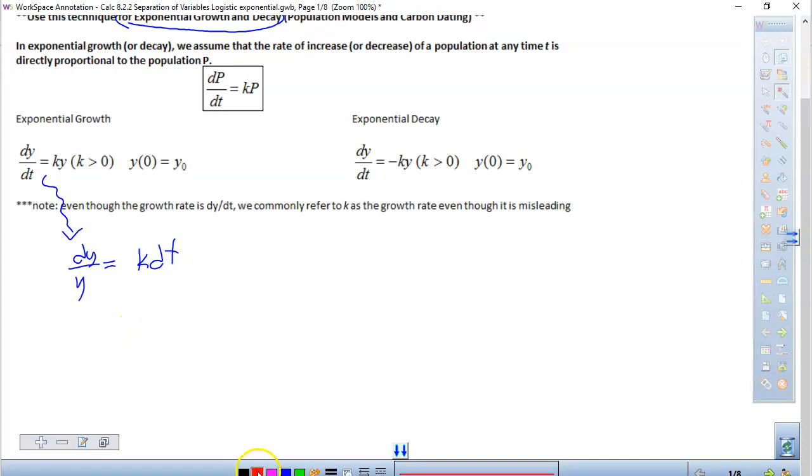That would be our first step. Our second step would be to integrate both sides. What's the integral of 1 over y dy? ln y, well, we're talking about population, and we're going to assume it's a positive number. These are real world problems, so we're going to ignore the absolute value. And then over on the other side, we're going to get kt plus C.